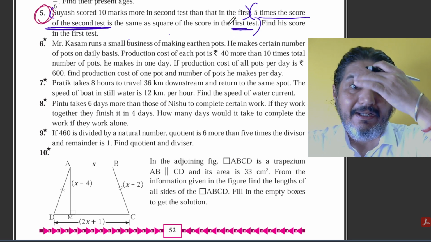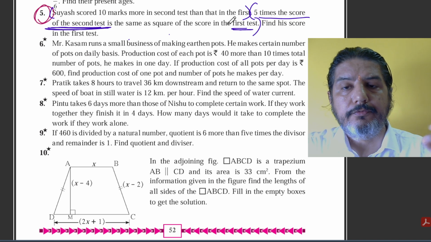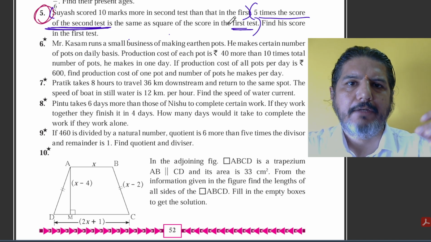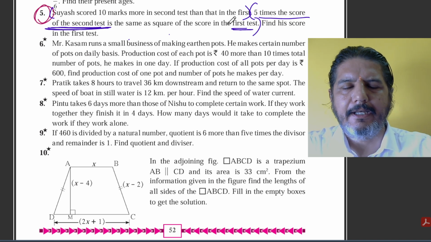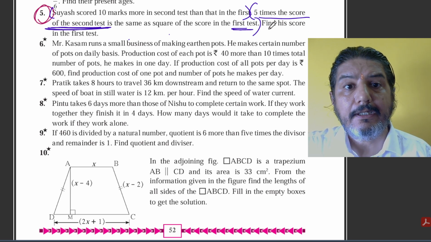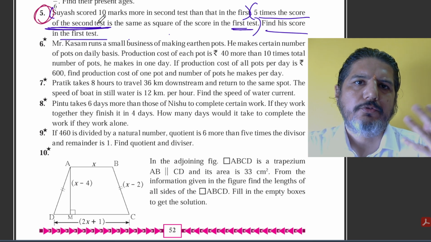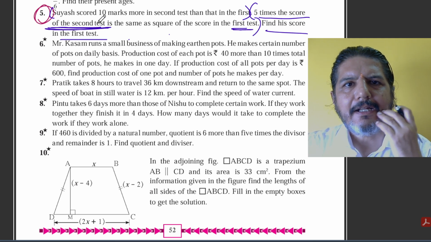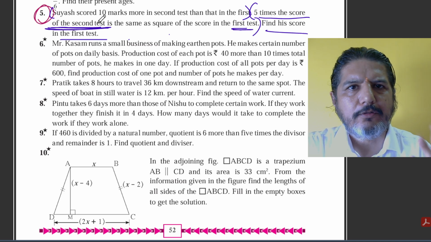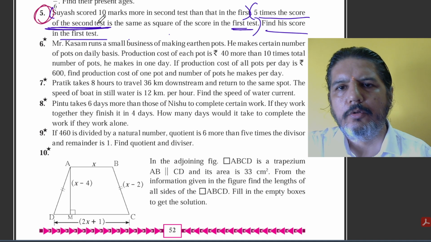Now, either we have to assume the second test to be x, or we have to assume that the first test is x. But let's look at the last line. Find his score in the first test. So usually, whatever is the last line, we can assume that to be x, and then start doing the question.